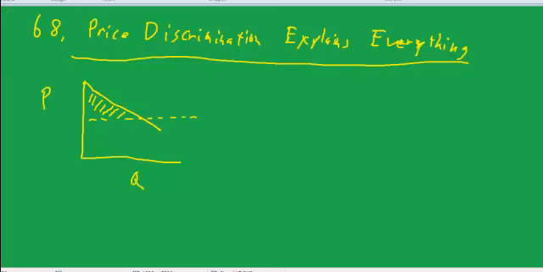That's consumer surplus. Price discrimination is an attempt to extract some of that consumer surplus by identifying the people up here, high up in the demand curve, charging them a higher price, and charging a lower price lower in the demand curve.